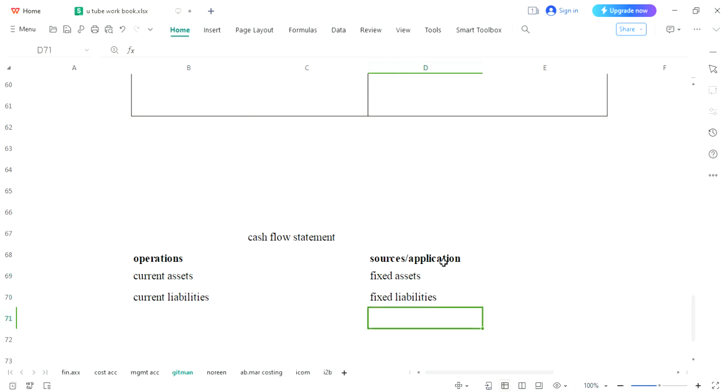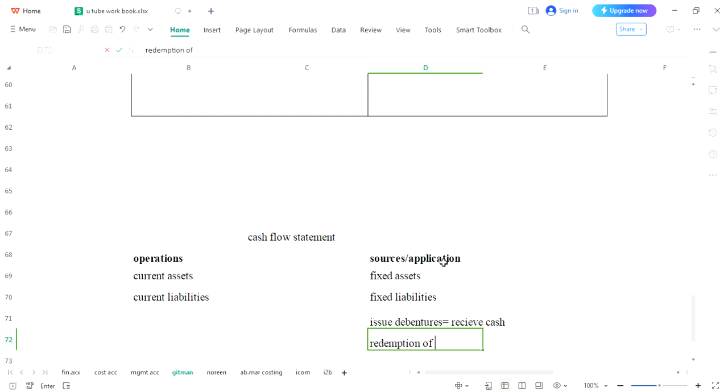I am giving you an example that if you issue debentures, you will receive cash. When you redeem your debentures, redemption of debentures, you will pay cash.